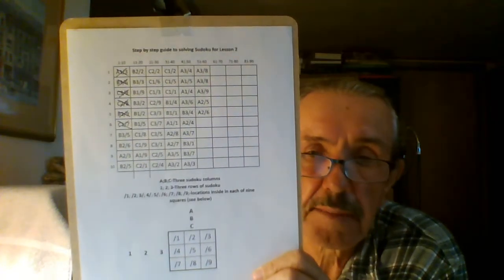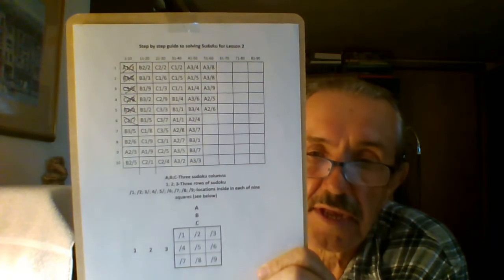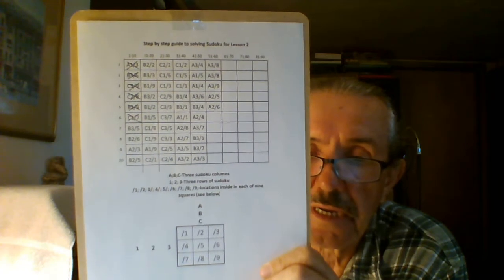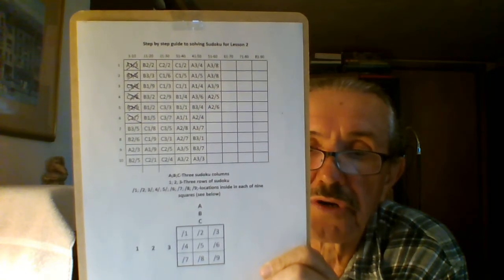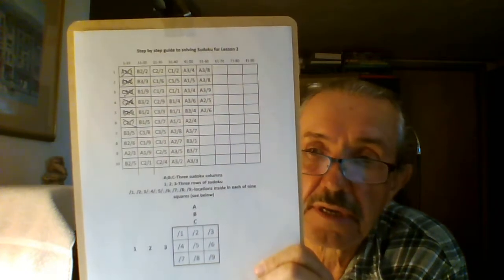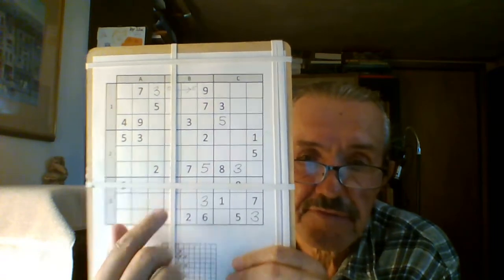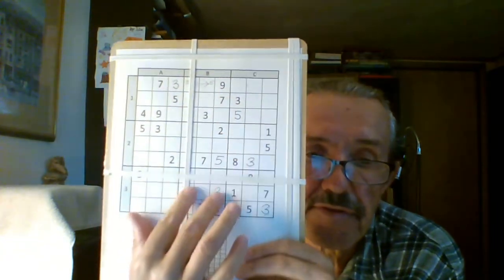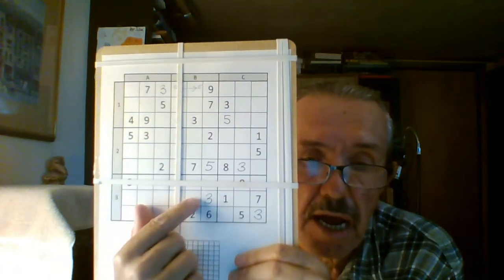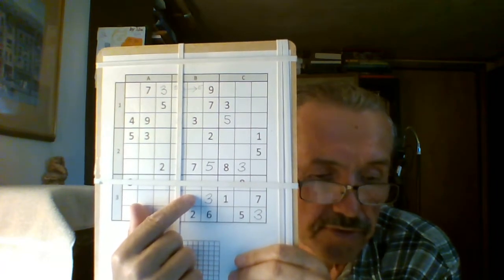The next step will be B3/5. B is the column, 3 is the row, and 5 is the location, and we are looking for number 8.